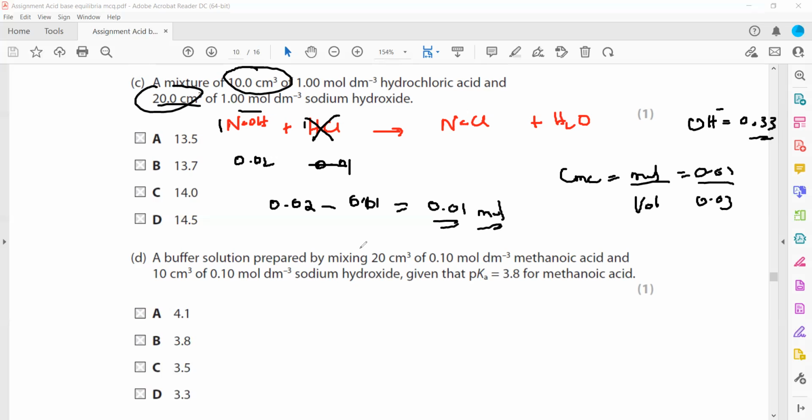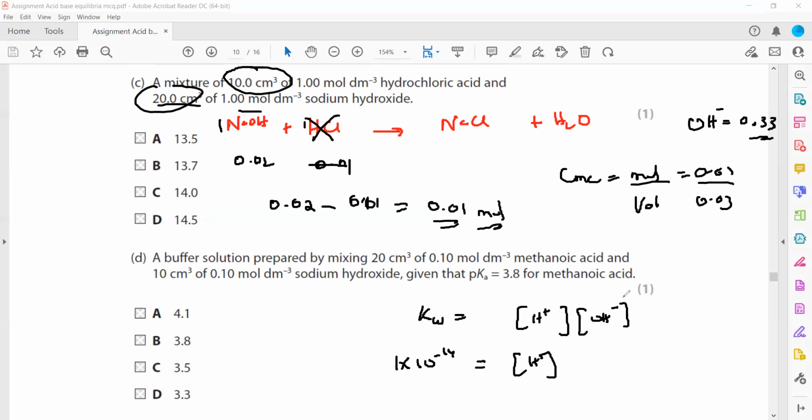But to find the pH, we need the amount of hydrogen ion, because pH is equal to minus log of hydrogen ion concentration. So we take the formula that the dissociation constant of water is the product of the hydrogen ion and hydroxide ion concentrations. The dissociation constant at 25 degrees is 1 times 10 to the minus 14.